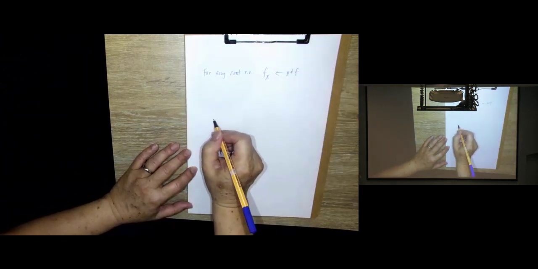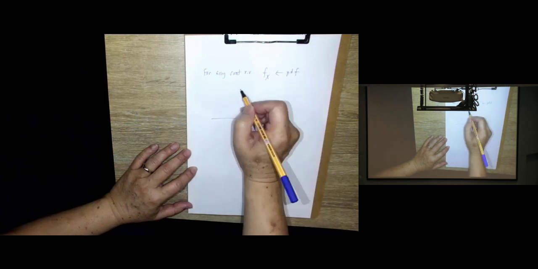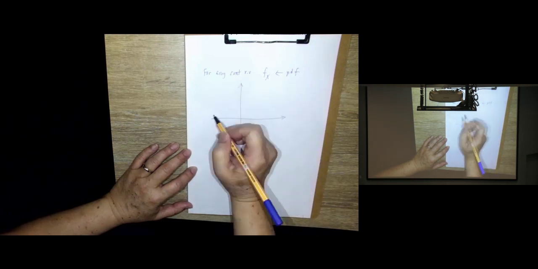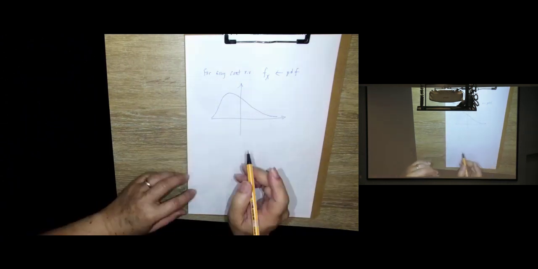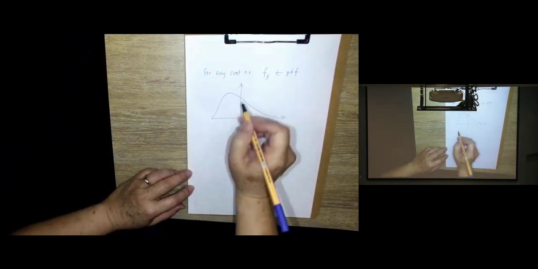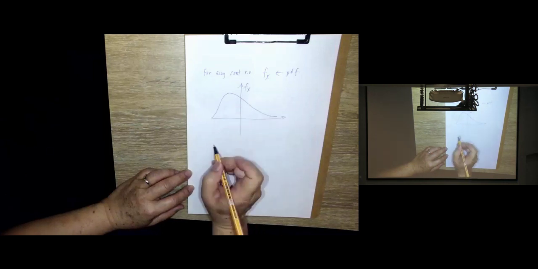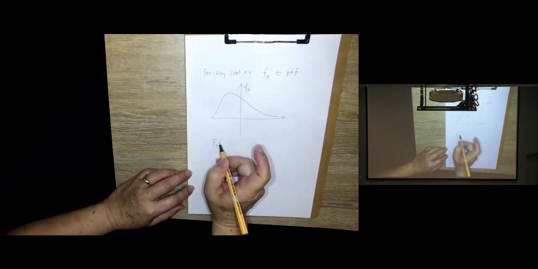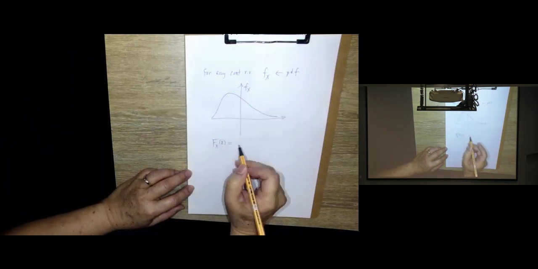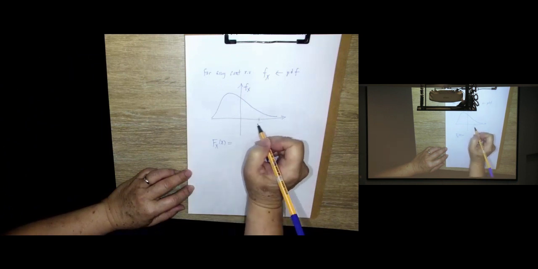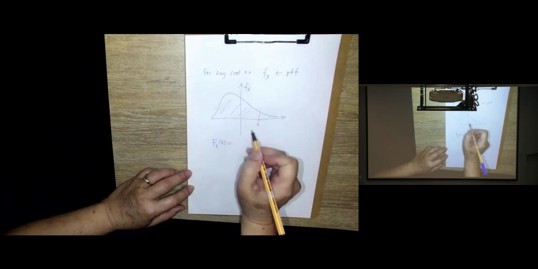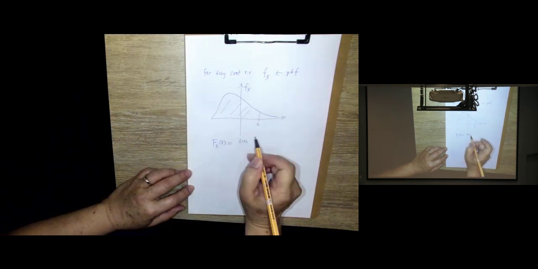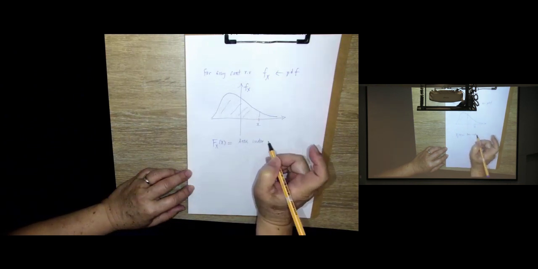So if I plot it like this, just to exaggerate, this is not a normal. So this is the small f. Your big F of x gives you the area once x is fixed. So this is the area under the curve.